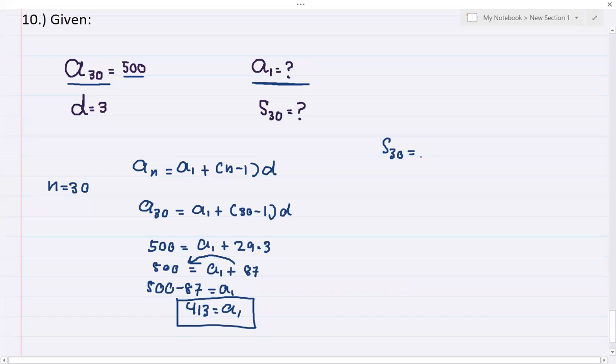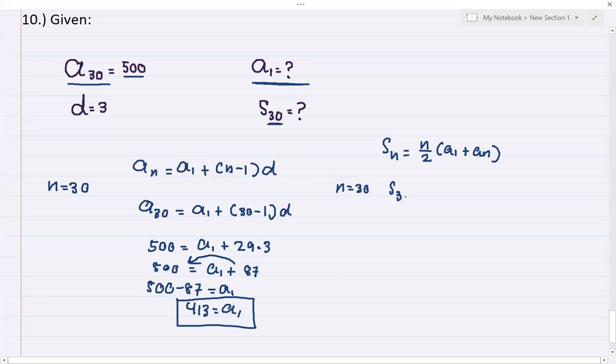Now we need to find your 30th series, or the sum of the first 30 terms. So what's the formula? The formula is S sub n is equal to n all over 2 times quantity a sub 1 plus a sub n. Since we are asked to find the 30th series, therefore your n is obviously equal to 30.